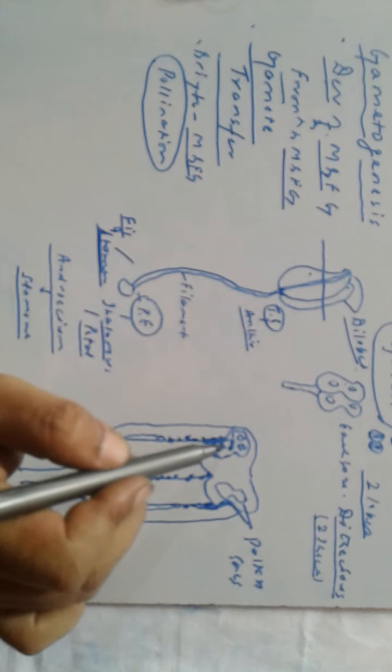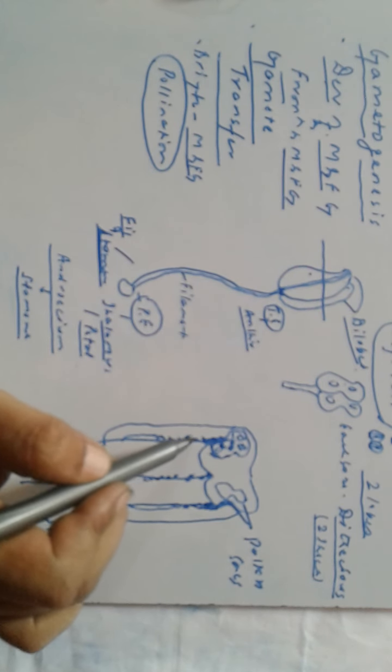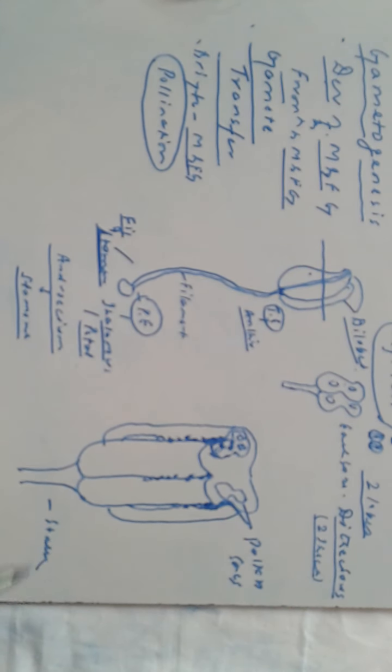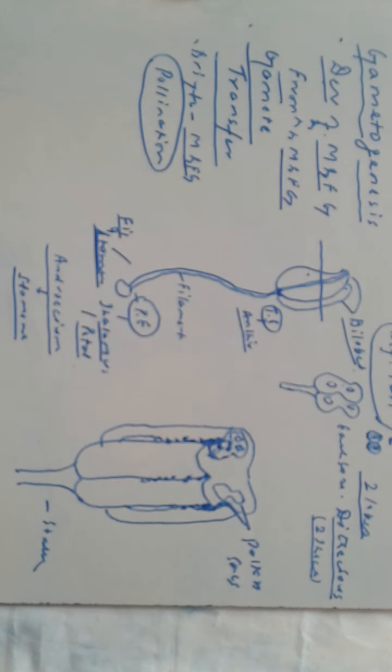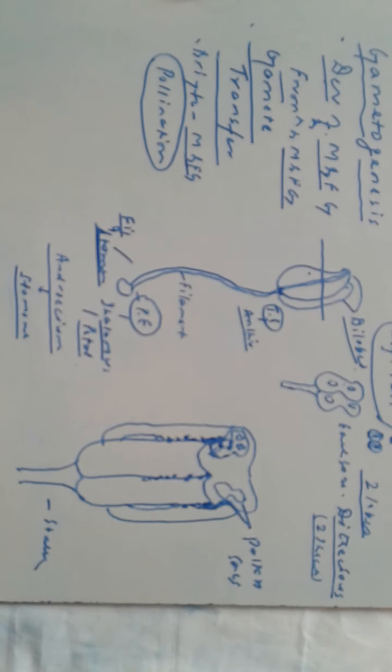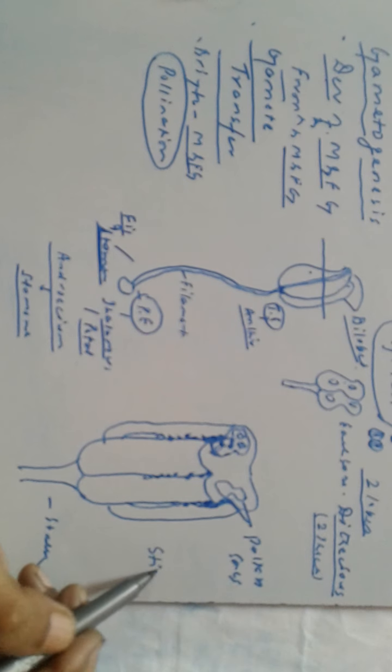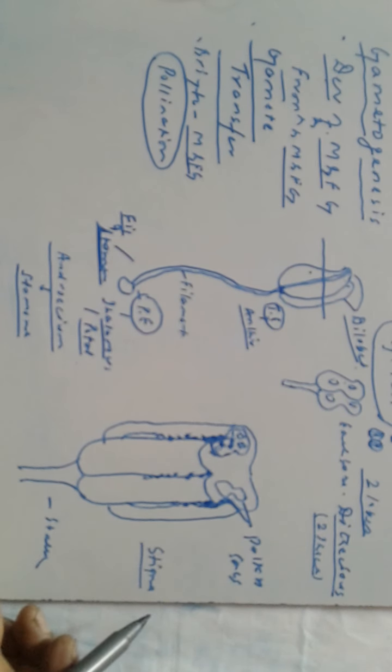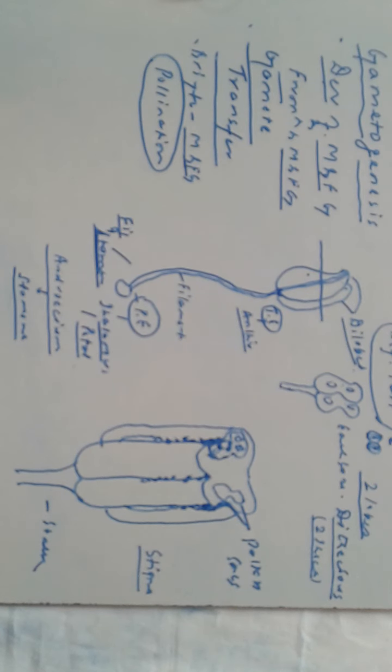Here the pollen grains have burst out through this particular path, and what happens after? They land on the stigma, and then they are carried towards the female sex organs, and as a result of that, fertilization occurs.